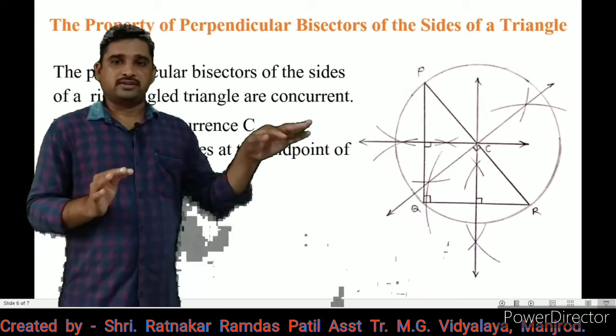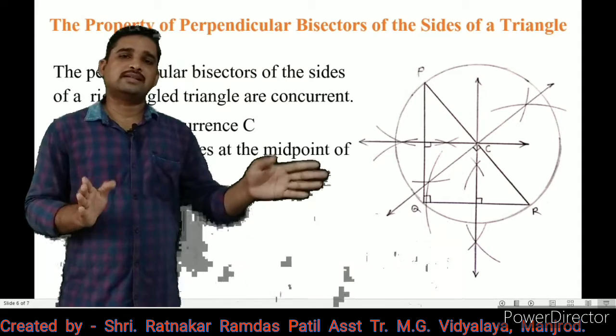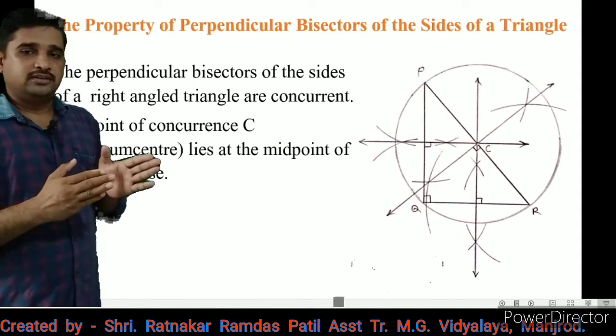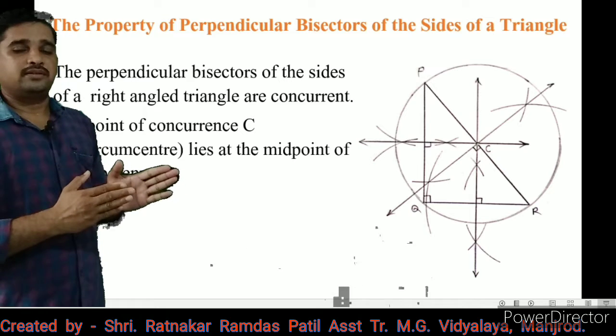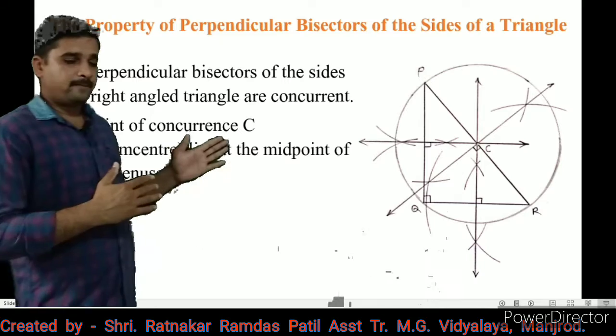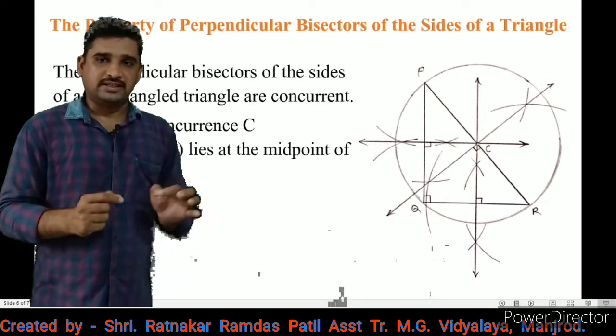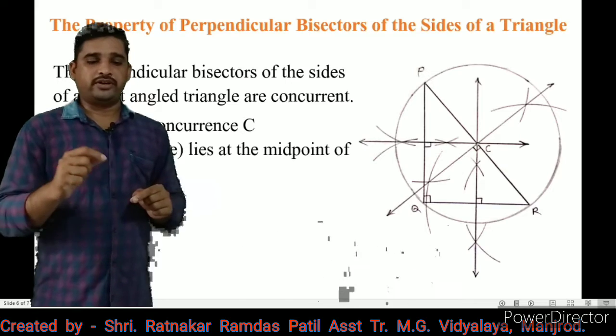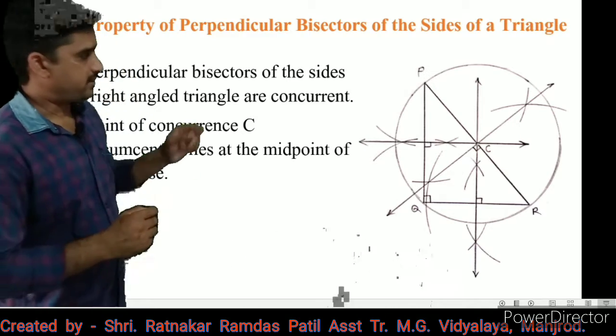In all three types, the perpendicular bisectors are concurrent, but the place of the circumcenter changes. Here the point of concurrence C, that is the circumcenter, lies at the midpoint of the hypotenuse.